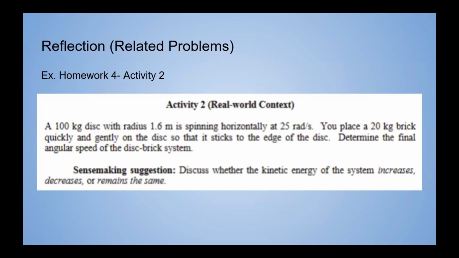The connections here are that the disc acts as the turntable in our problem, while the added brick acts as the pulley system. This was a helpful problem because when presented with this project, we already knew how to solve for angular speed when a rotating object has a separate mass sitting on top of its surface. Thank you.